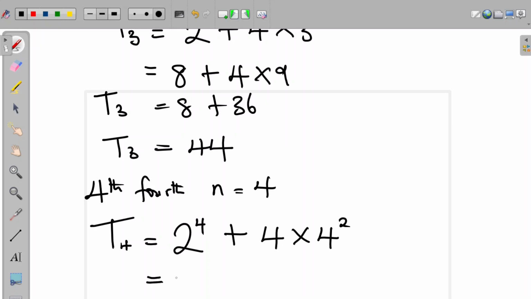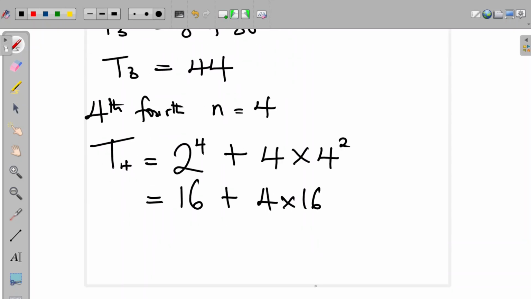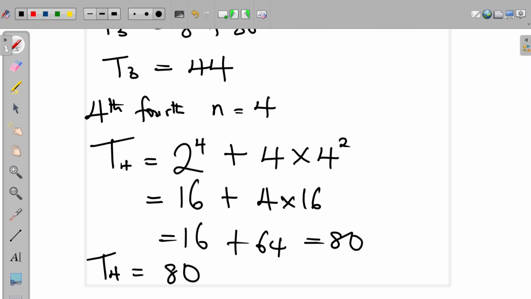So 2 to the power of 4 is 16, plus 4, 4 squared is 16, times 16. Now, following the order of operation, 4 times 16 gives us 64. And then we're going to 16. 16 plus 64 is equal to 80. So therefore, the fourth term of the sequence is equal to 80.